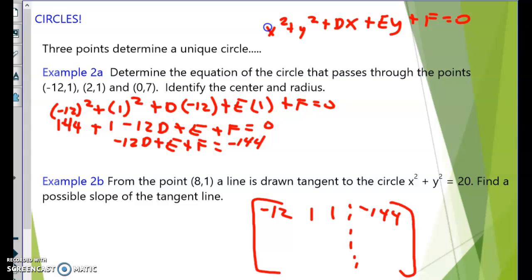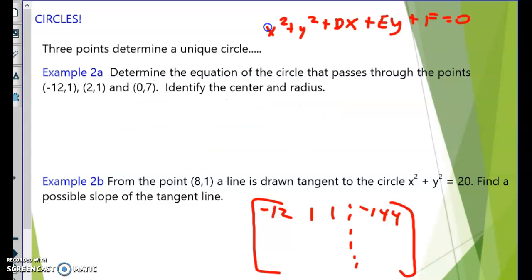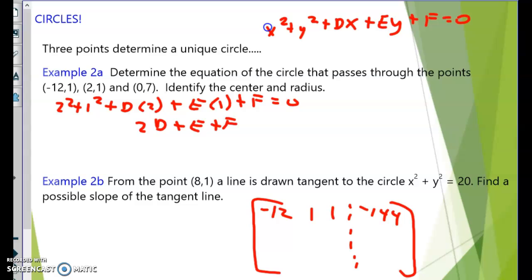And then I'm going to do the same thing with the next point, and I'm going to get 2 squared plus 1 squared plus d times 2 plus e times 1 plus f equals 0. If I get my equation right here, I get 2d plus e plus f equals negative 5, which would give me the row 2, 1, 1, negative 5.